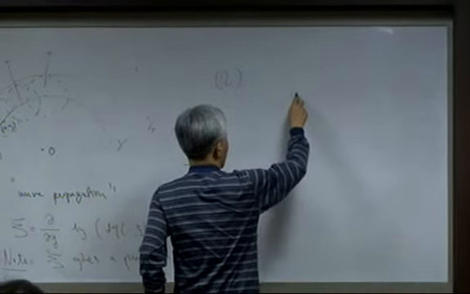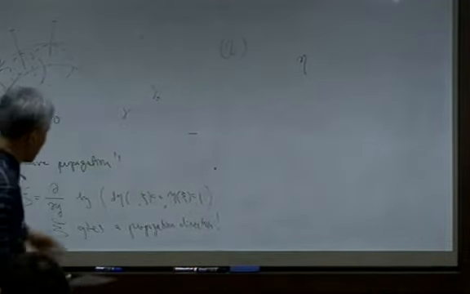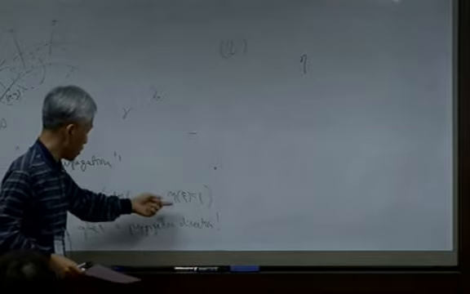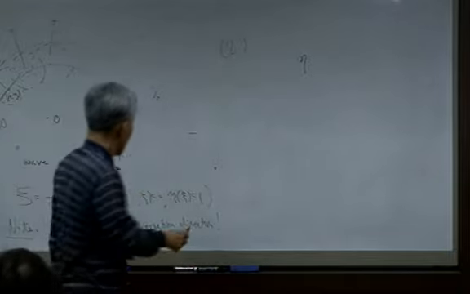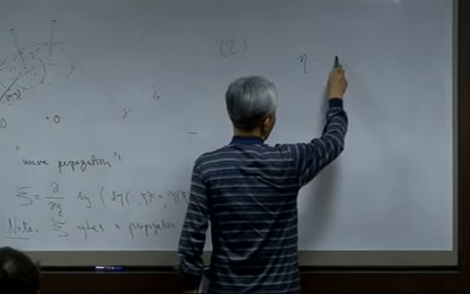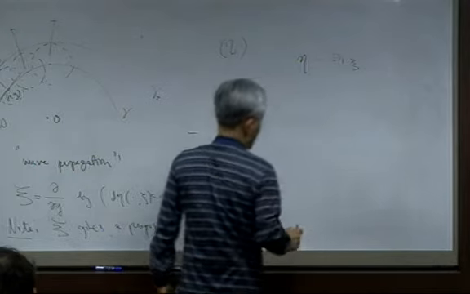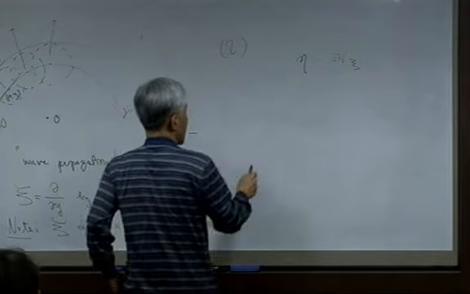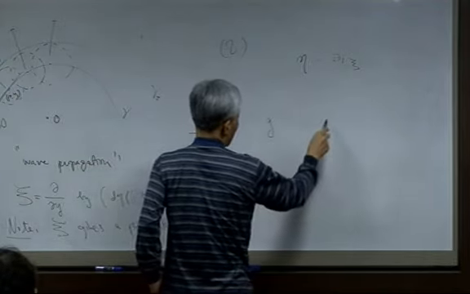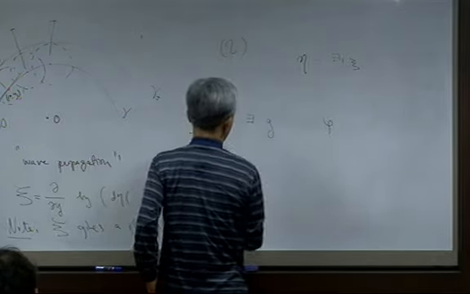For a given contact form eta, as I mentioned previously, by these two relations we determine a unique vector field psi, which we call the Reeb vector field. Then there exists a Riemannian metric g and a (1,1)-type tensor field phi. It is a well-known fact.